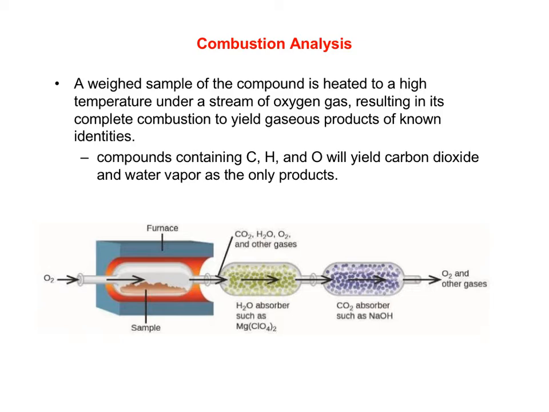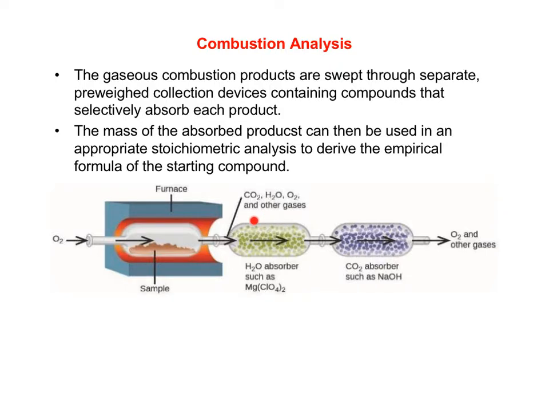And so the products of that combustion are sent through some filters. One that absorbs water, another one that absorbs carbon dioxide, and then oxygen and any other gases, if there were other elements in our compound, would pass through. Now, these chambers that absorb water and carbon dioxide are weighed before the combustion analysis, and then they're weighed after.